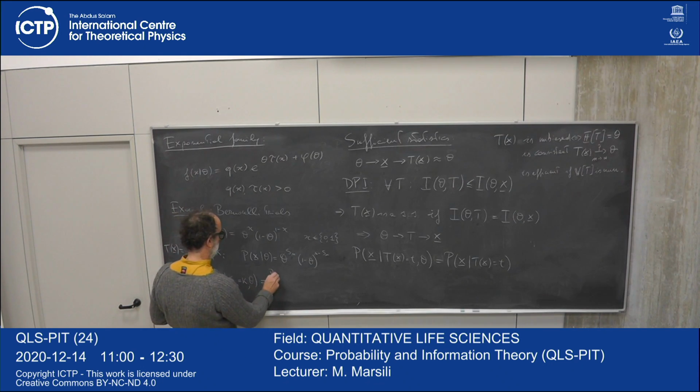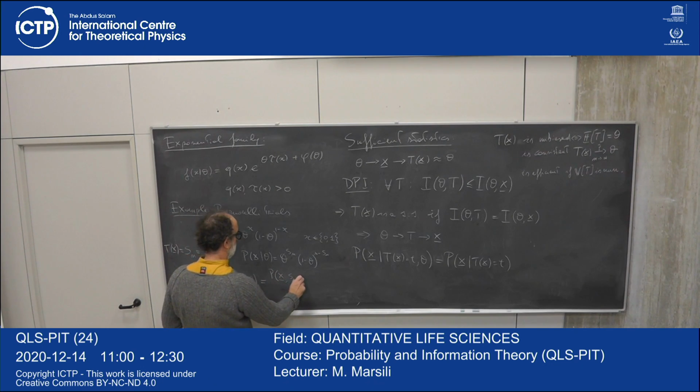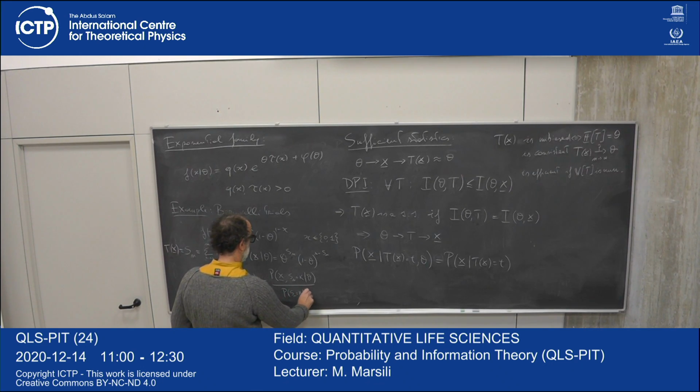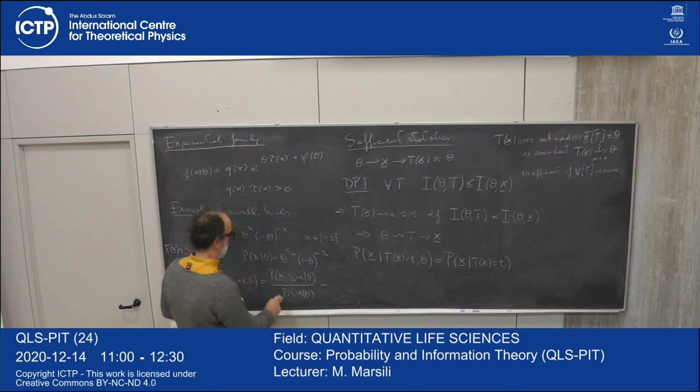This is the probability of the sample and that S_n is equal to k given theta, divided by the probability that S_n is equal to k given theta. Okay, so what is this?